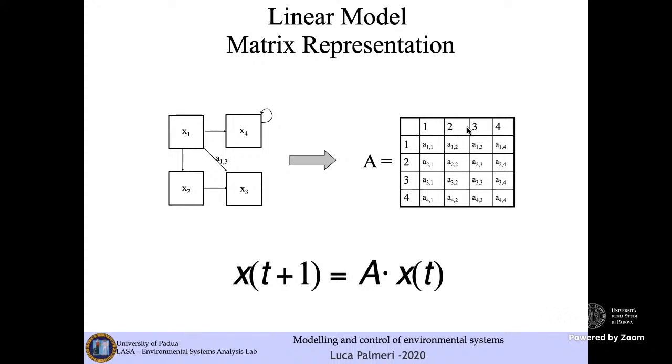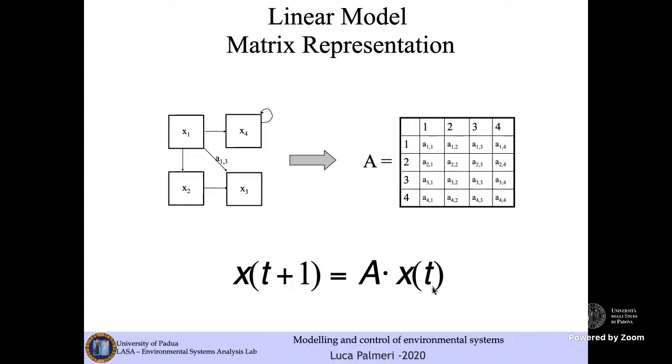The matrix representation is very useful and very powerful because, for example, if we say that the state of my system at time t is represented by a vector of state variables, this is a vectorial equation, a vector of state variables written as x at time t.